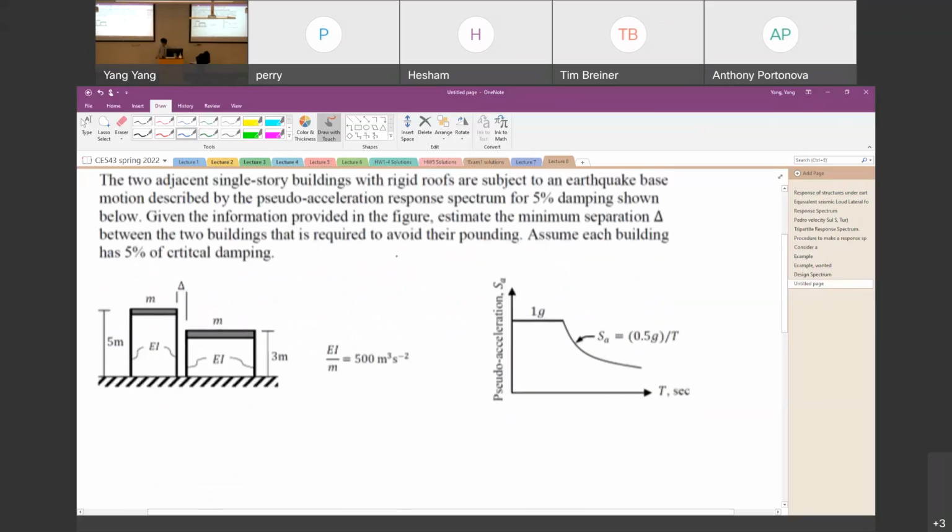In order to calculate the response here, we need to calculate the natural frequency first.